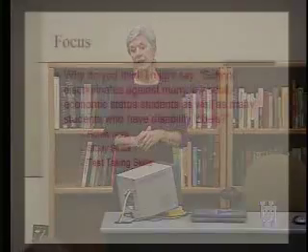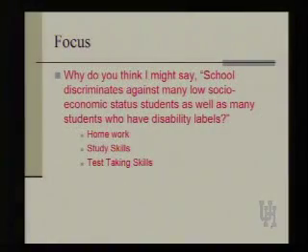And that is really our focus topic today: what do you think I mean if I say schools discriminate against students from low SES backgrounds, and oftentimes those who have a disability label?